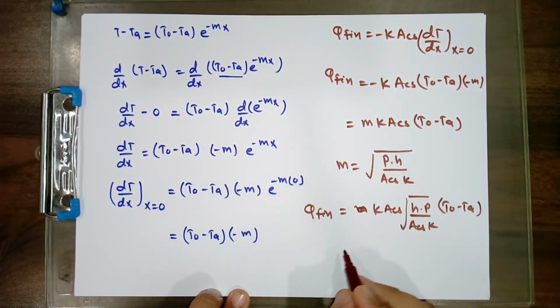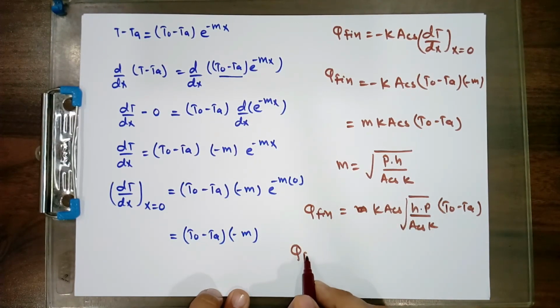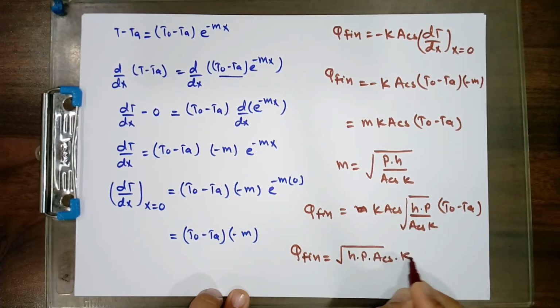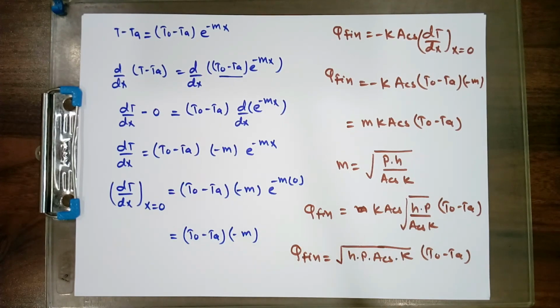By cancelling these two terms, the final expression we get is Q fin equals square root of h into P into ACS into K into T naught minus TA. So this is our expression to calculate the rate of heat flow from the infinitely long fin.